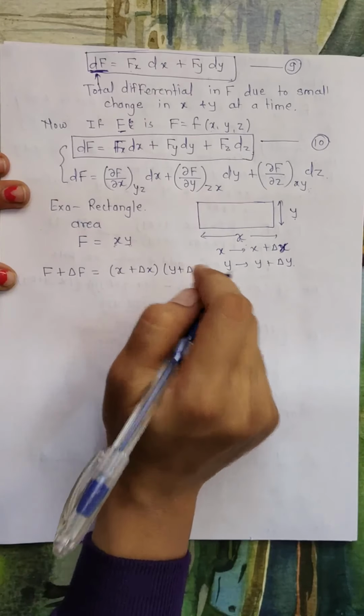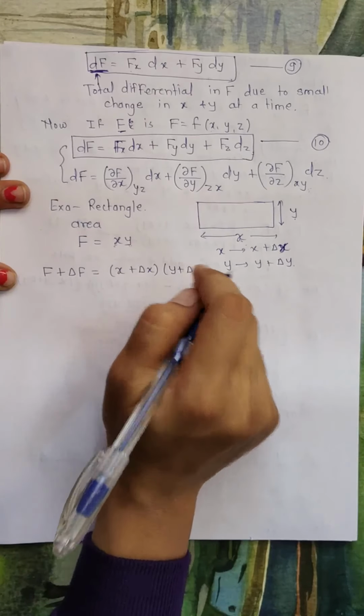Since these are very small, tending to 0, I can write df is equal to y dx plus x dy plus dx dy. Now this product term is very small, so I can neglect this term and I can write df is equal to y dx plus x dy.